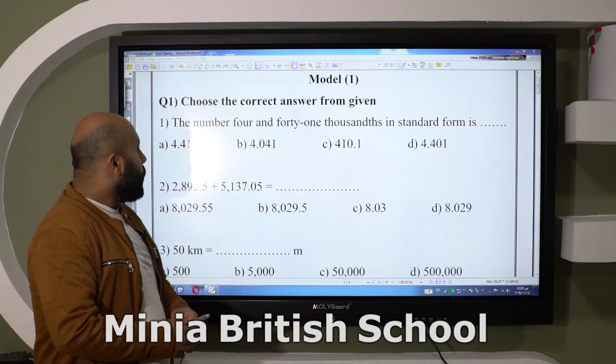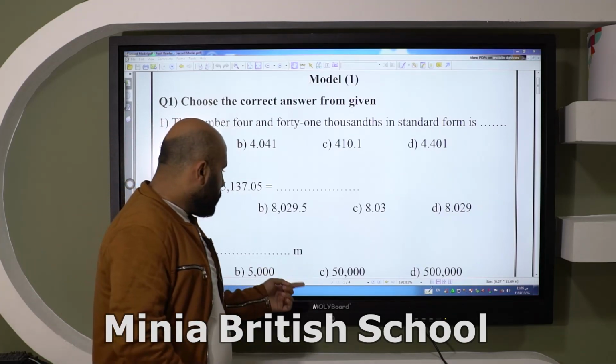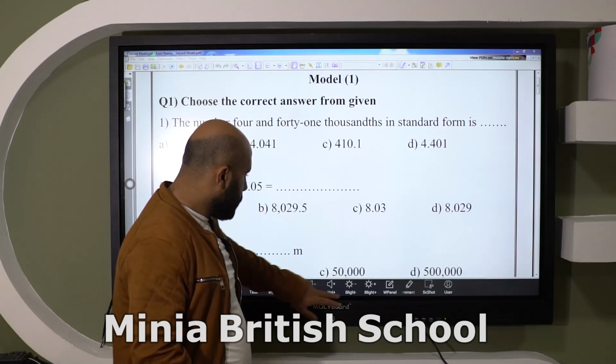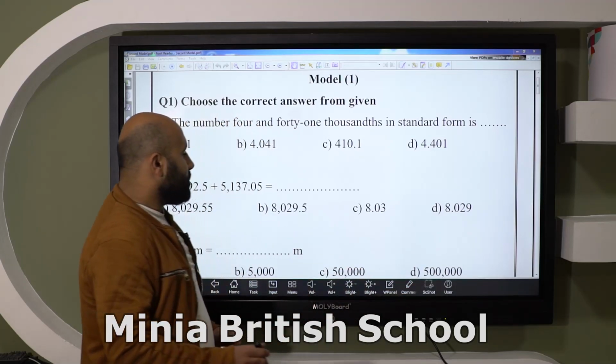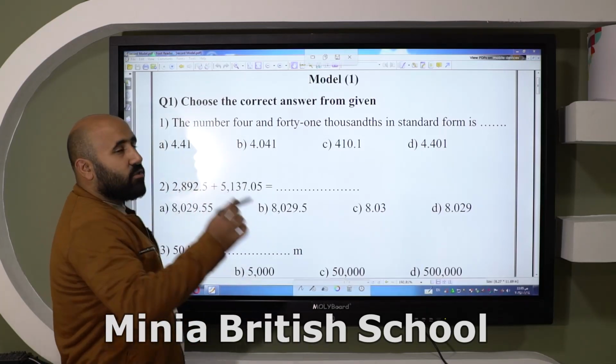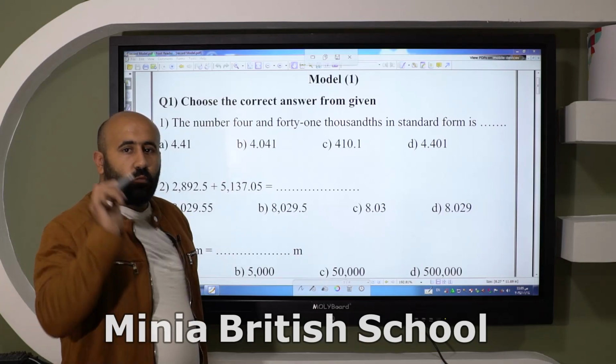The number 4 and 41 thousandths in standard form is... To answer this question, we must translate from the word form to the standard form.